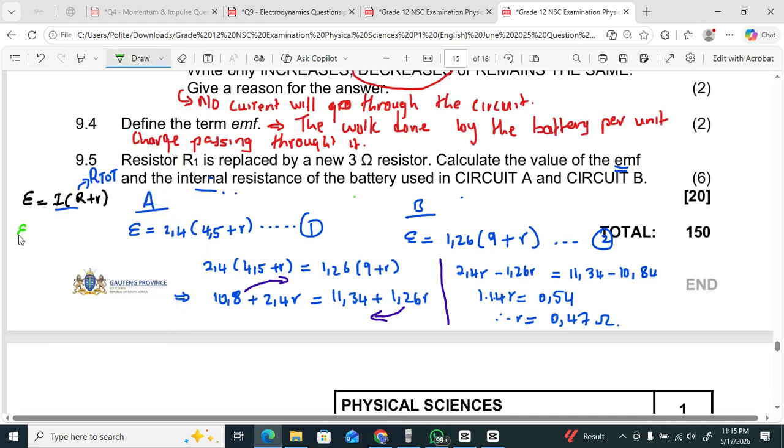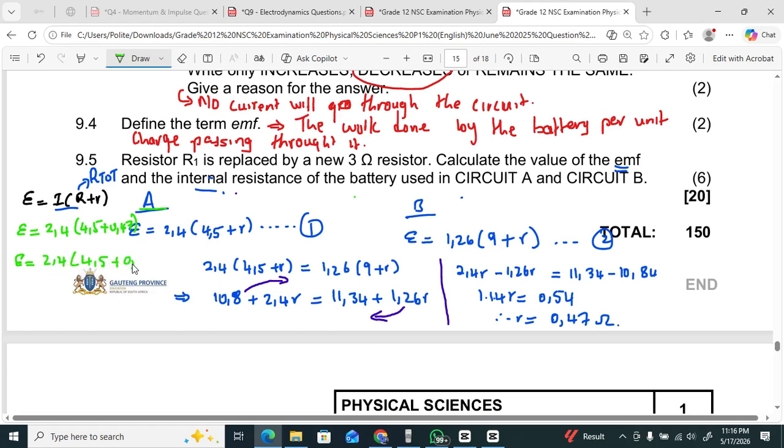The EMF will be the same for both of the circuits, so I can use either circuit A or circuit B. If I use A, the current will be 2.4, right, into the total resistance for A, which is 4.5 plus R, which we calculated as 0.47.